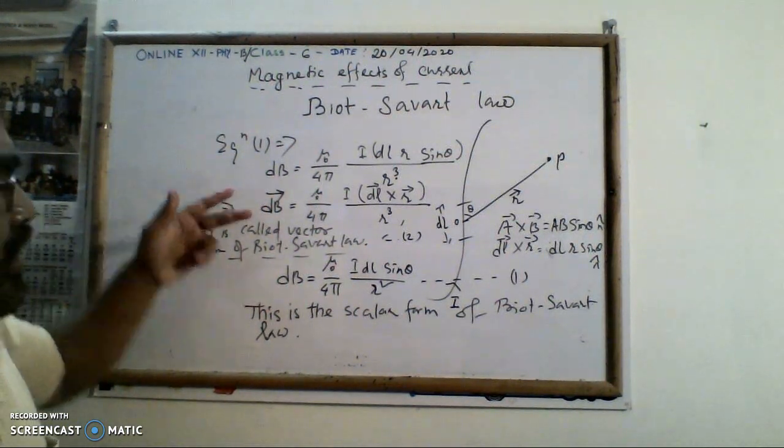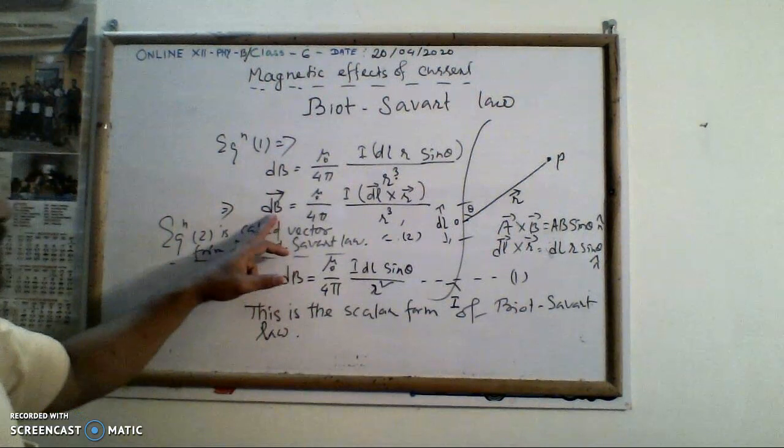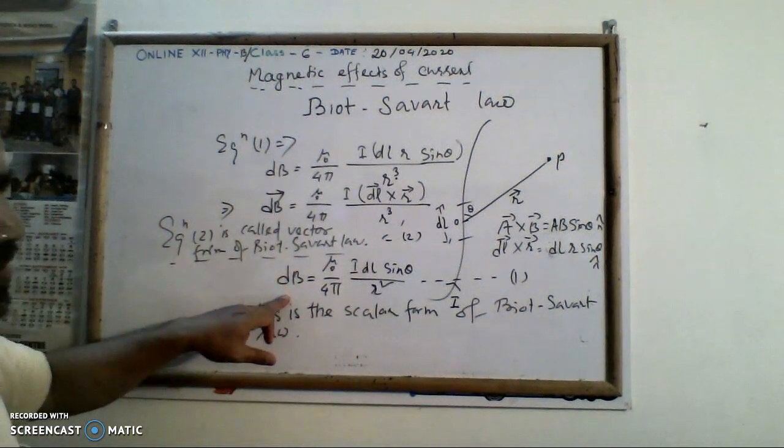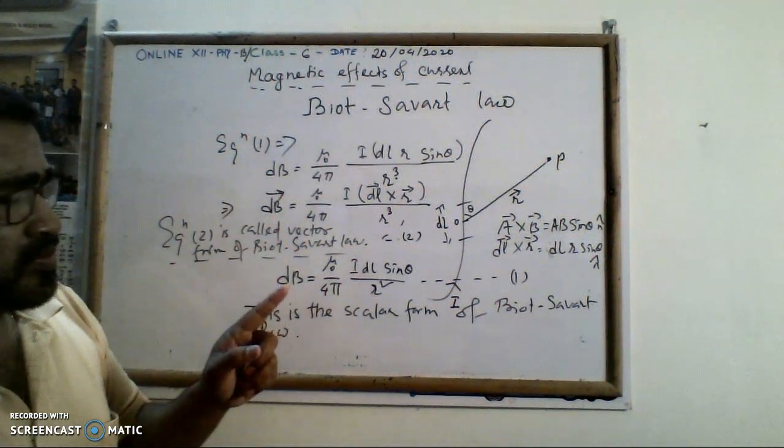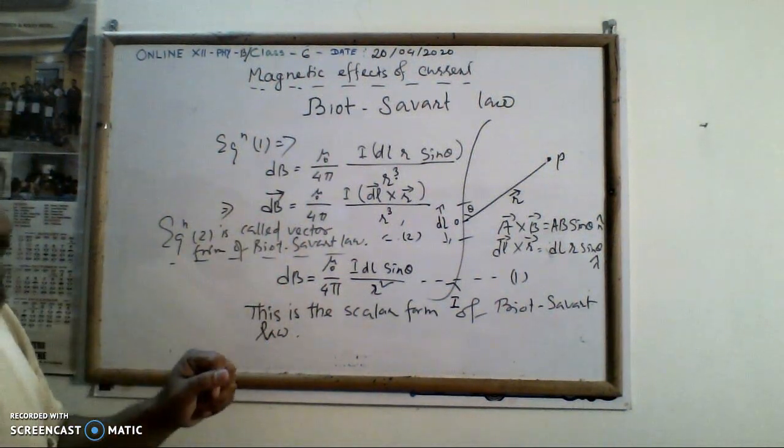Another important point: what is the direction of dB? This equation gives the magnitude of the magnetic field and this equation gives the direction of the magnetic field.